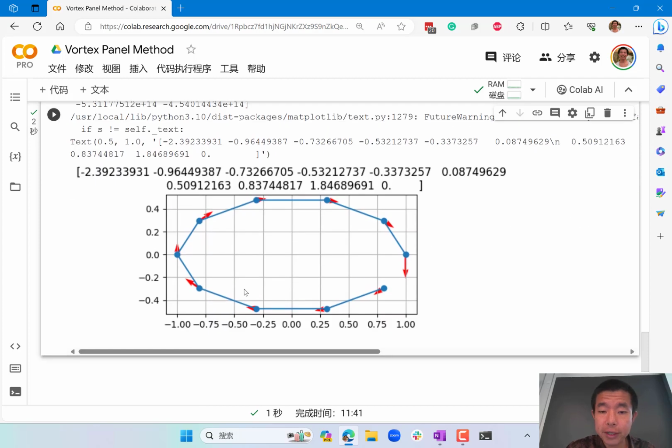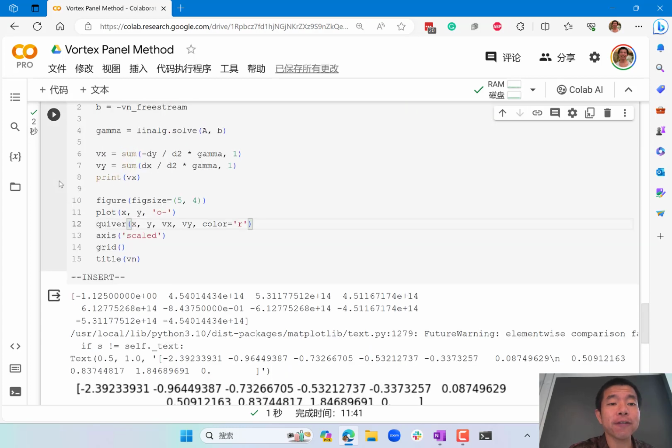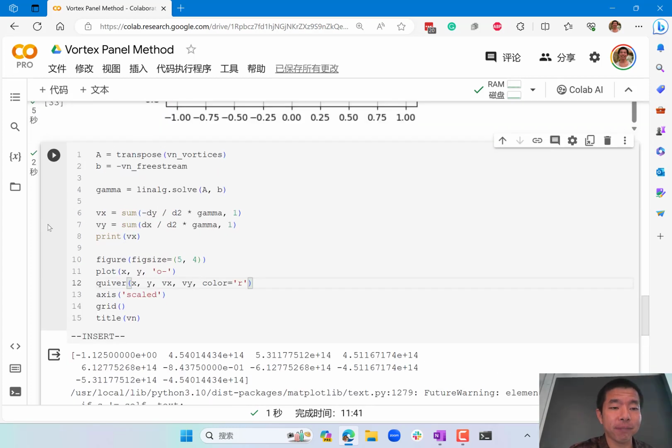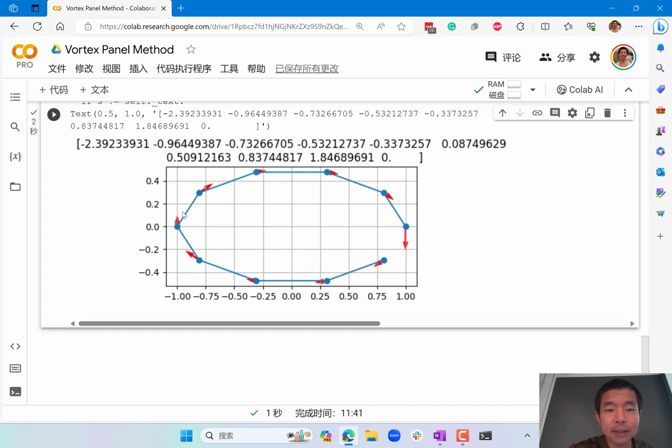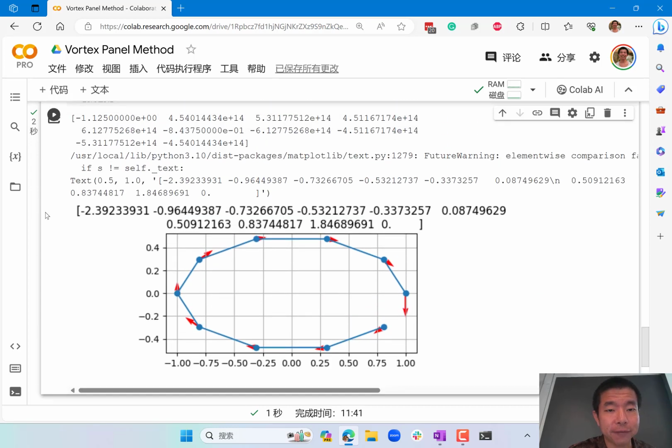Okay, so here we see the velocity on the surface of this ellipse that comes out from the solution of the system. What happens is that the velocity, as we have seen, is very large, on the order of magnitude of 10 to the 14, and it also rotates over the ellipse like that. If you look at the velocity on the trailing edge, it's especially large.